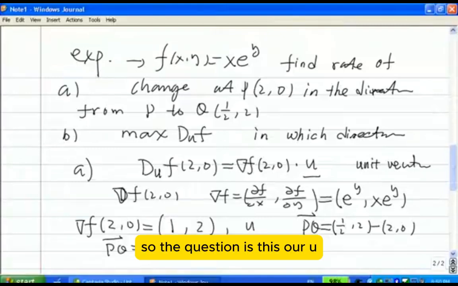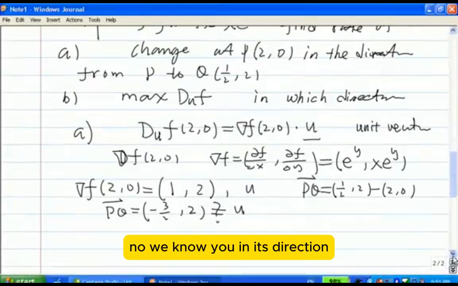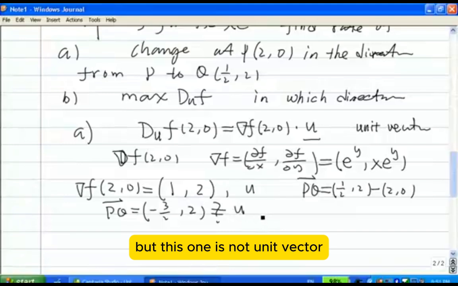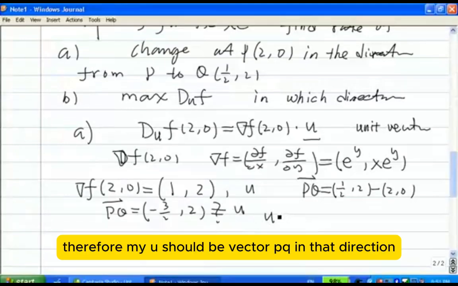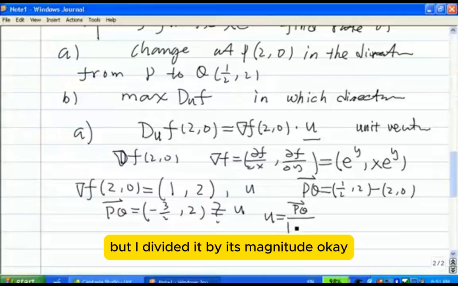So the question is, is this our u? No, we know u is in its direction, but this one is not a unit vector. Therefore, my u should be the vector PQ in that direction, but divided by its magnitude.